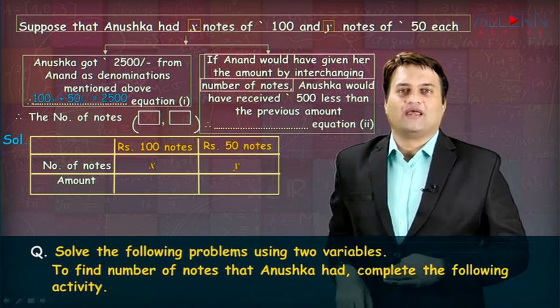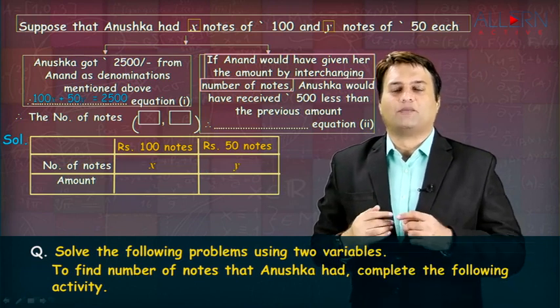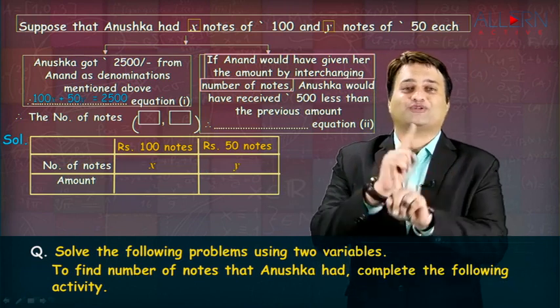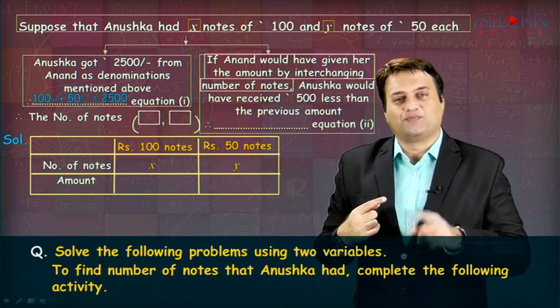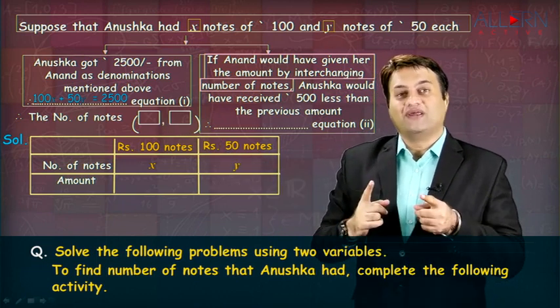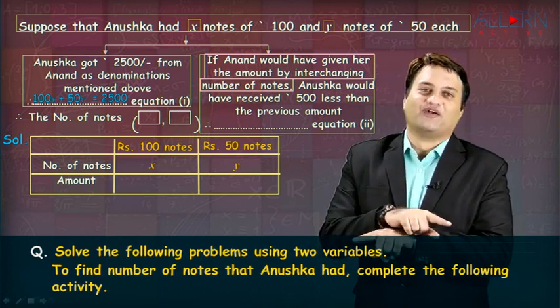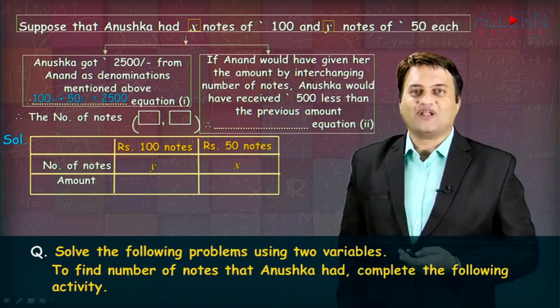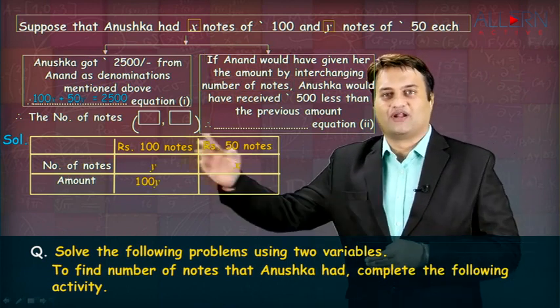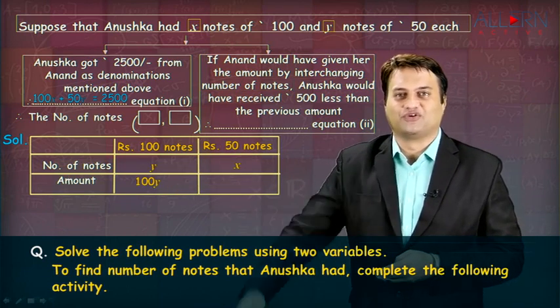It says that if Anand would have given her the amount by interchanging the number of notes. So initially the amount was 100x plus 50y. Now it will be 50x plus 100y or 100y plus 50x. So let's interchange the notes. Now there are y notes of 100 rupees and x notes of 50 rupees.